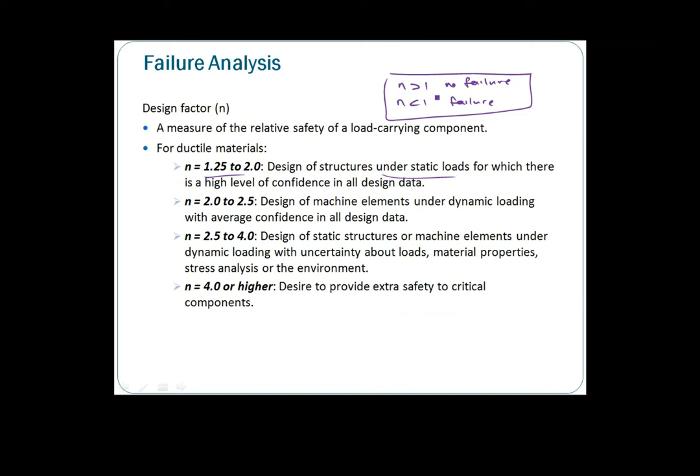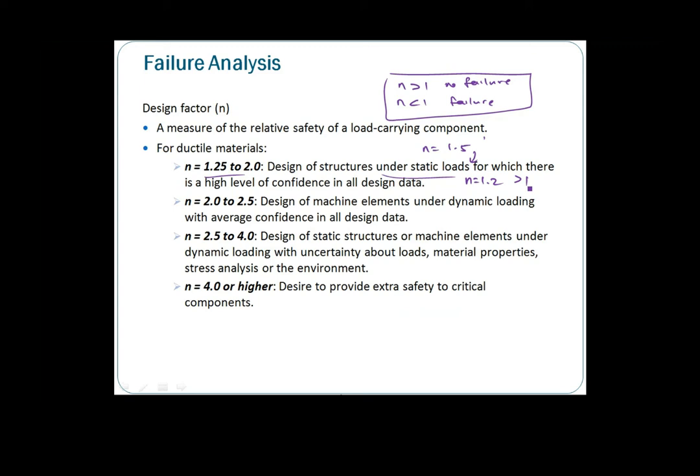But if you are setting your factor of safety at 1.25 to 2, then if my n equals 1.5, it fulfills your design criteria, and we know that no static failure will happen. If n is, let's say, 1.2, it doesn't fulfill your design criteria, but it is above 1.